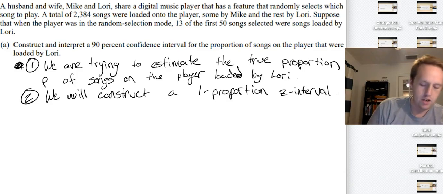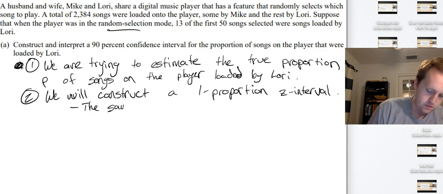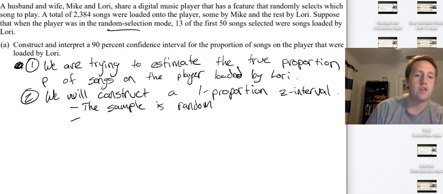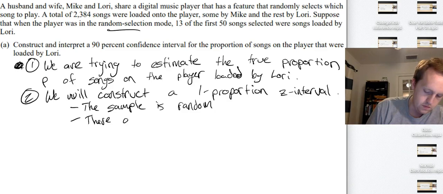Okay, so I need to check my conditions. This is random. For the 10% condition, we know there are at least 500 songs, right? Because there's 2,384.